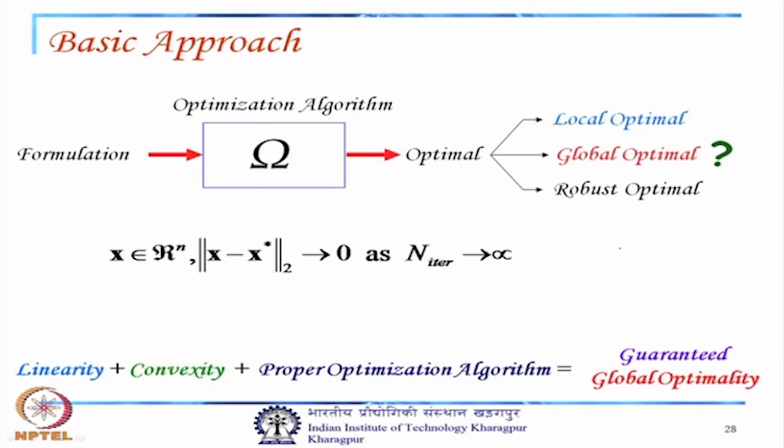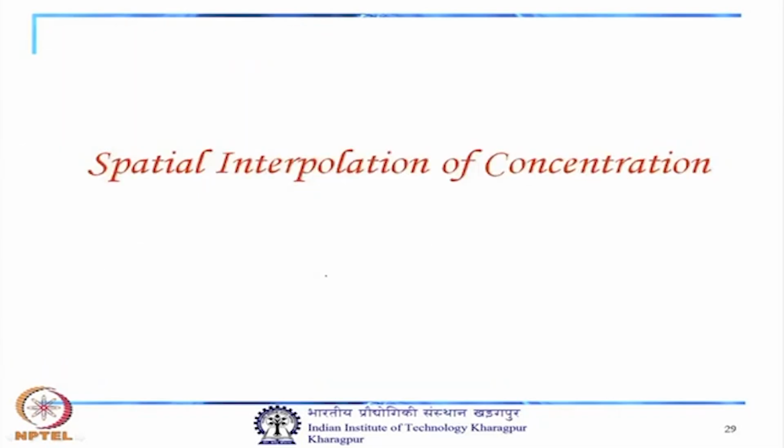Ideally, if we have a large number of iterations, then x should reach the ideal global optimal solution. And linearity or convexity of the constraints space, those are important things, and we need to select a proper optimization algorithm for guaranteed global optimality.